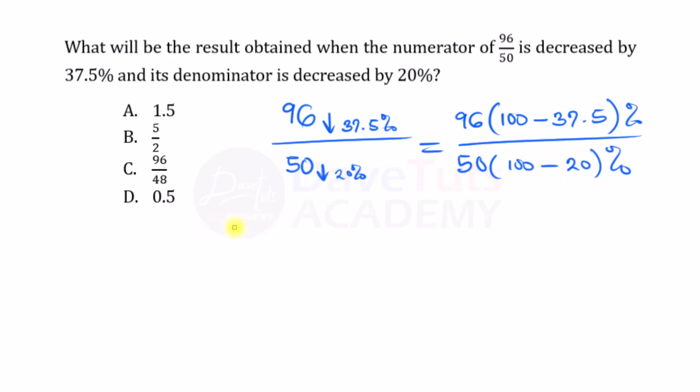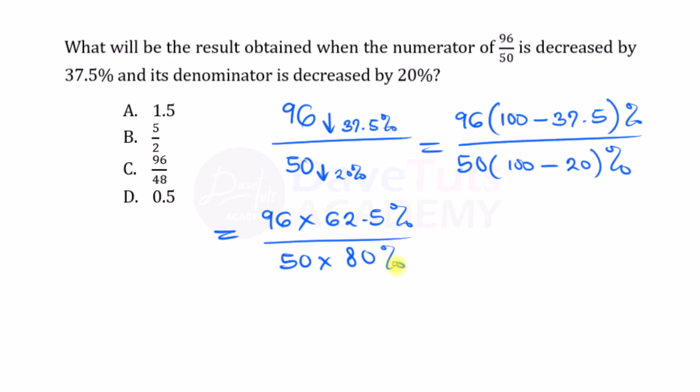So inherently, what we're having is 96 multiplied by 100 minus 37.5, which will be 62.5%, over 50 multiplied by 100 minus 20, that will be 80%. And of course, these percentages will cut out, and I think we'll just use the calculator here.